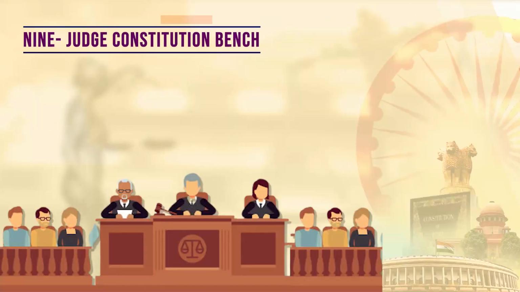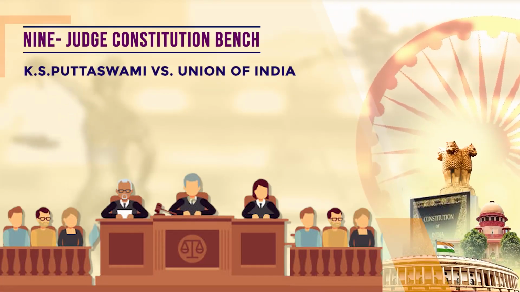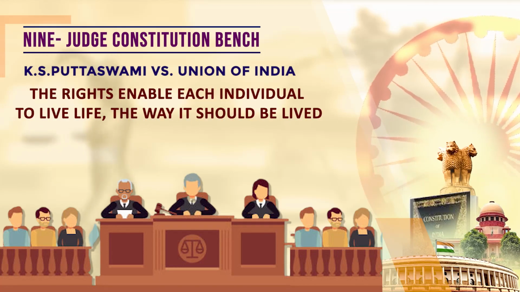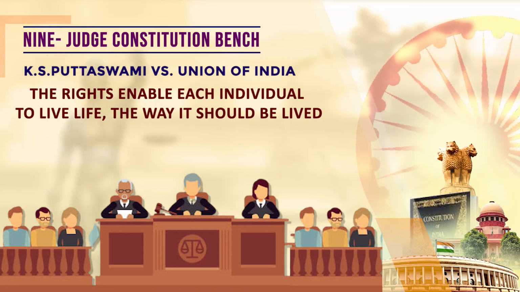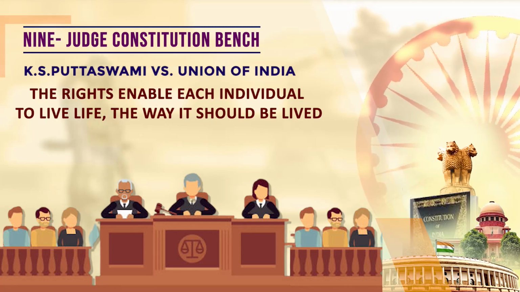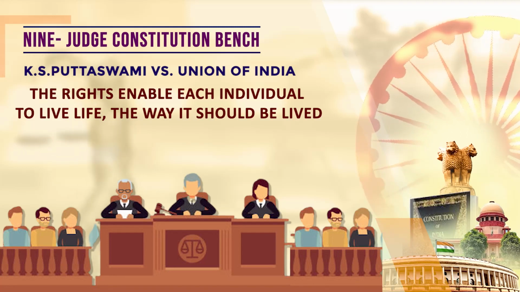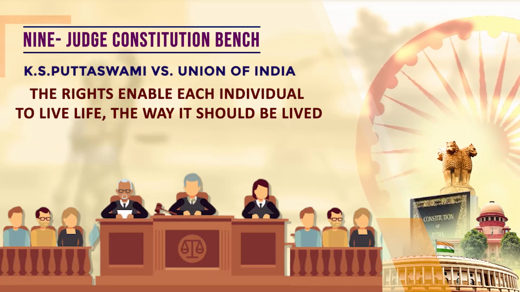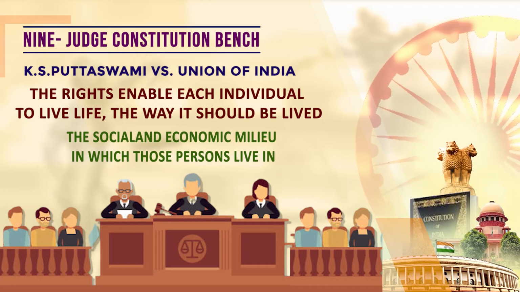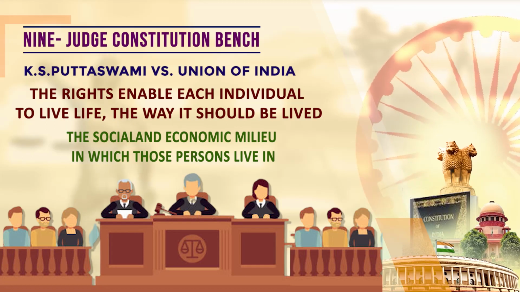Similarly, in a larger constitution bench of the Supreme Court of India, K.S. Puttaswamy versus Union of India, the Supreme Court says that life, bringing an ought principle into the content, into the nature of the right to life, is the way life should be lived, and that is to be decided by the social milieu and economic milieu in which those persons live. So it is a continuous process.